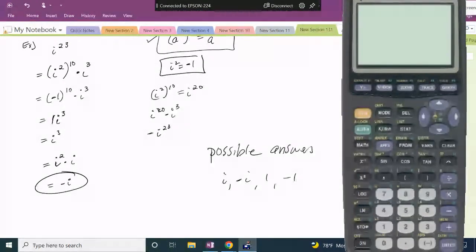All right, now speaking of the calculator, as far as your calculator is concerned, turn this back on. It doesn't really matter if your calculator is in real number format or imaginary format.